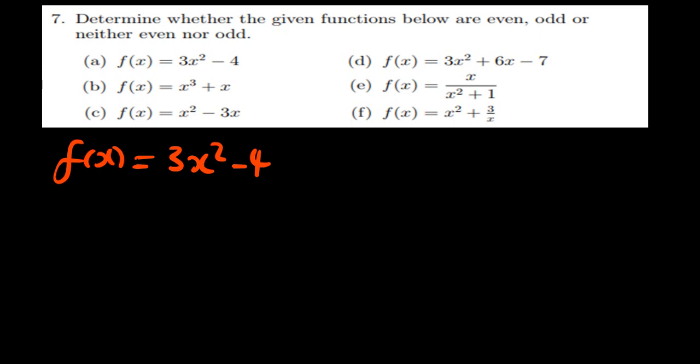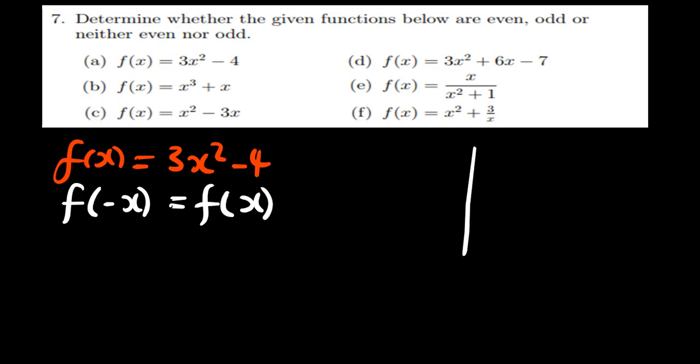For an even function, we say f of negative x should be equal to f of x. Now we explained how this expression comes about, because the value of y is unchanged at that point. If this is our graph, let's say this is -3 and this is 3. The square of -3 gives me 9, and the square of 3 also gives me a point 9.